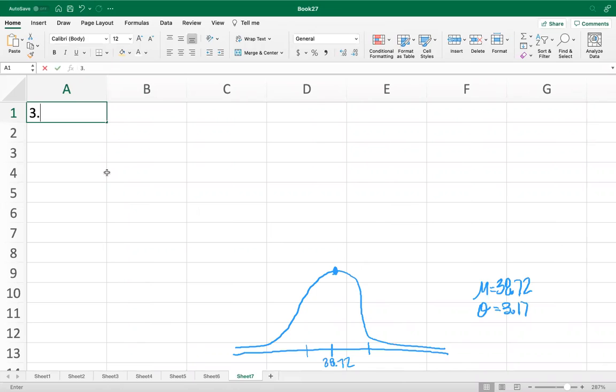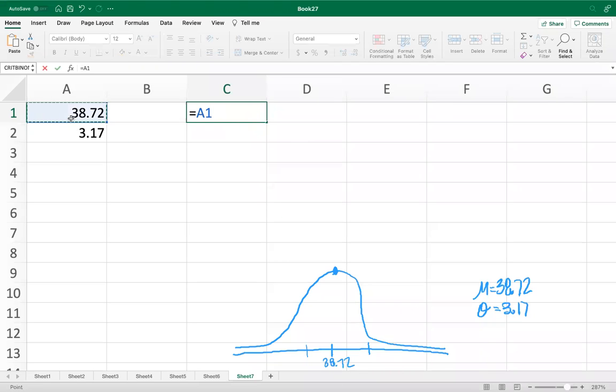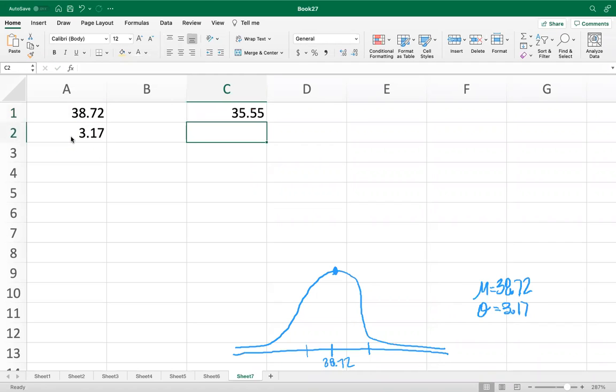So we have 38.72 and we have 3.17. And we're adding and subtracting 1. So this is going to be equal to this minus this.